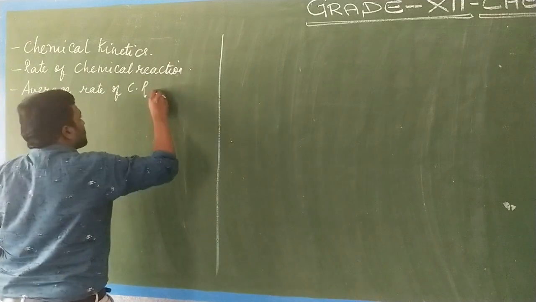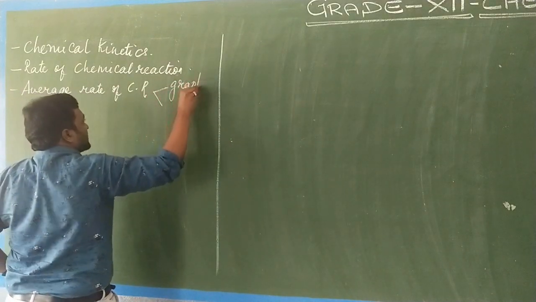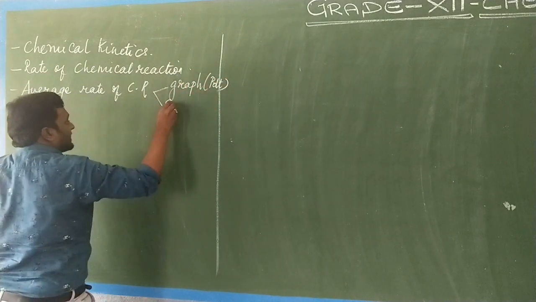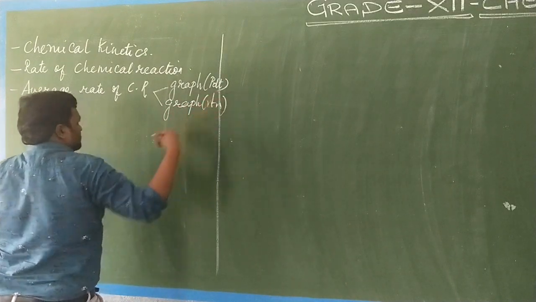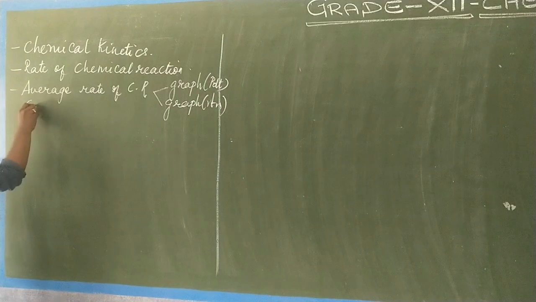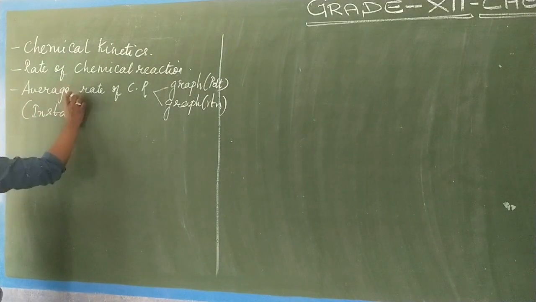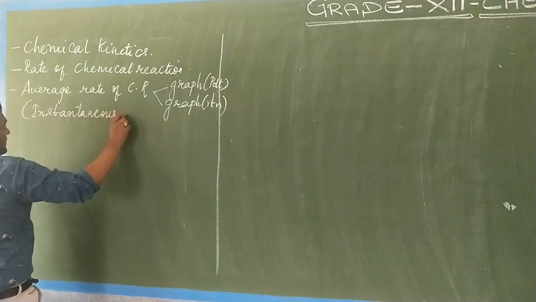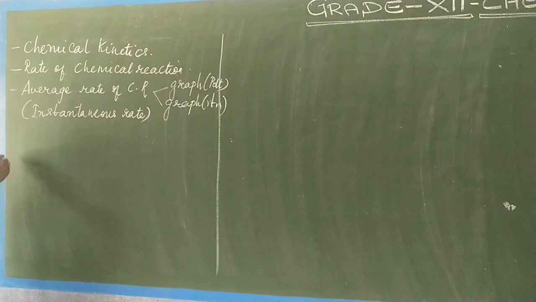For the average rate of chemical reaction we plotted a graph, very important question, that is the graph for the product and similarly the graph for the reactant. Then based on average rate, instantaneous rate also we calculated, isn't it?